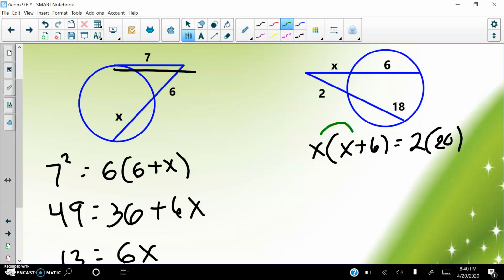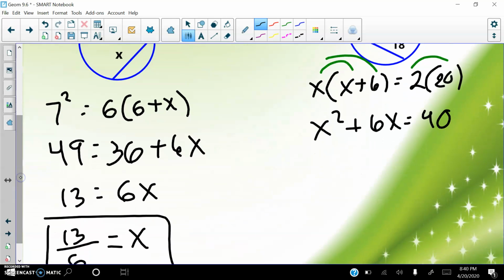I'm going to distribute, and I get x squared plus 6x equals 40. And remember, whenever you get x squared and x, you are going to be factoring. So I got to move that 40 over. So I got x squared plus 6x minus 40 equals 0.